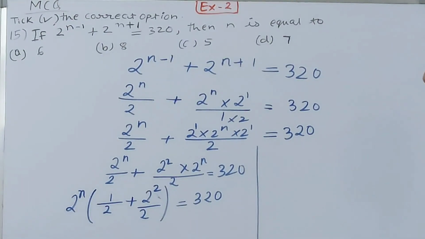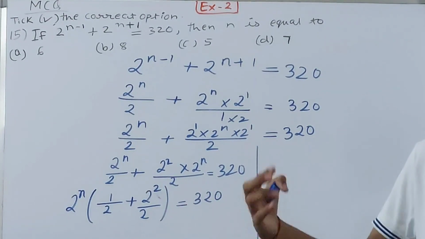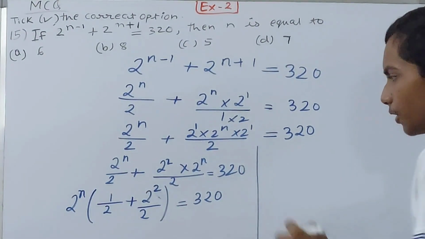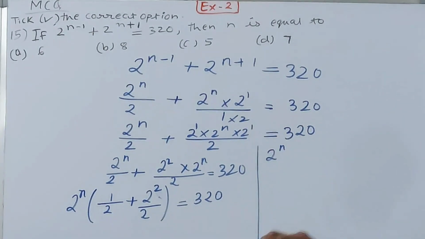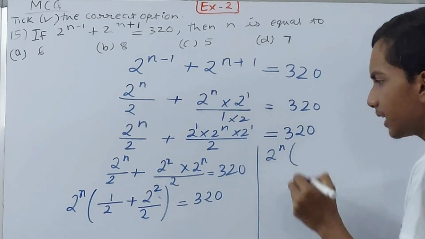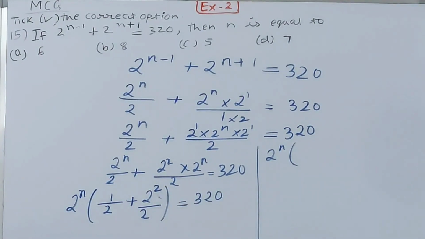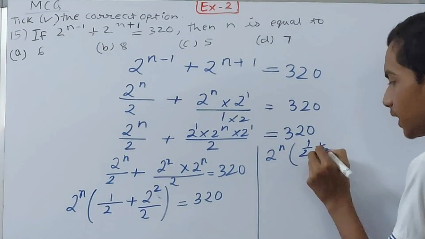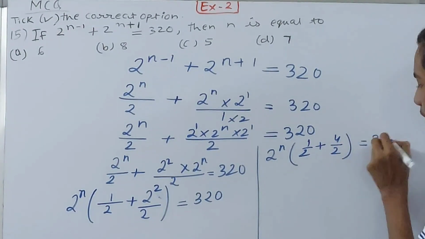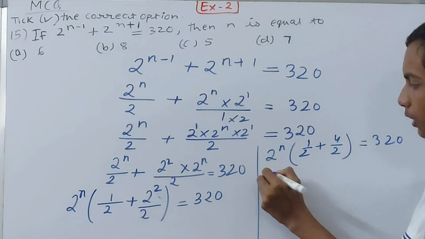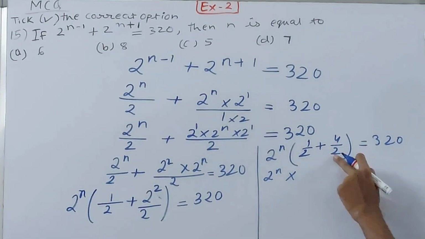Now you can see over here that we have taken 2 to power n as your common, right? So I'll keep 2 to power n as it is, and inside the bracket I will solve 1 by 2 plus 2 square, which is 4 by 2, is equal to 320. Solve this thing. So 2 to power n into 2 is there, right?